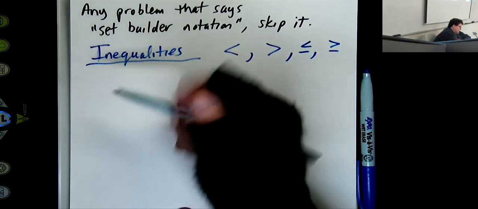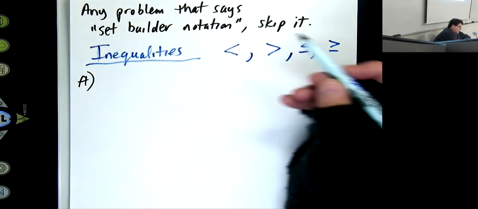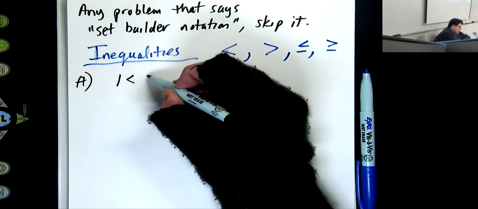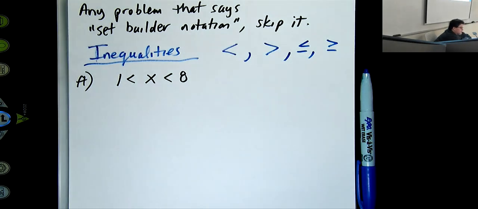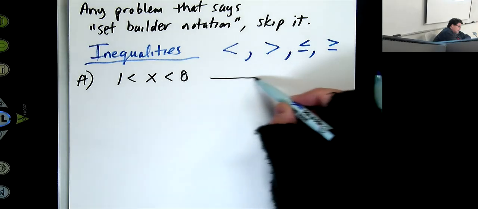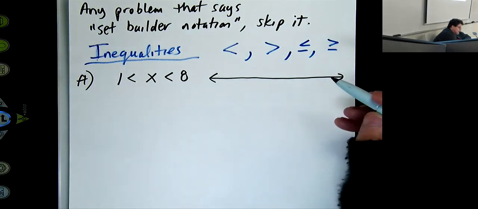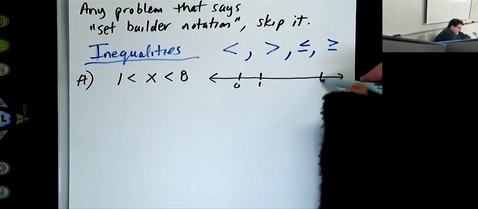For example 1, let's call it A, I'm going to have numbers in my problem. If I have 1 is less than x, which is less than 8, I'm going to draw this on the number line because it makes it easier to see the interval notation. Over here is 0, here is 1, here is 8.